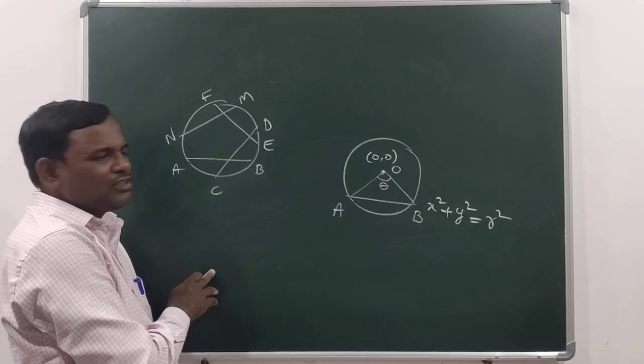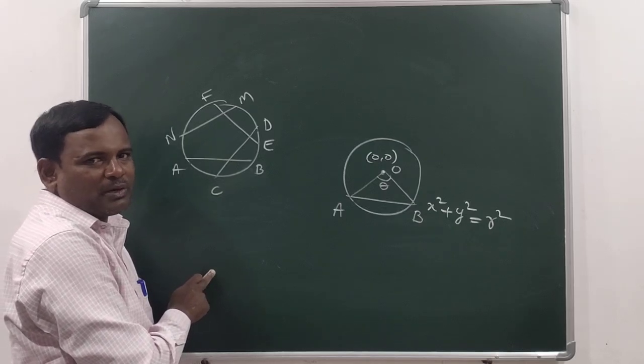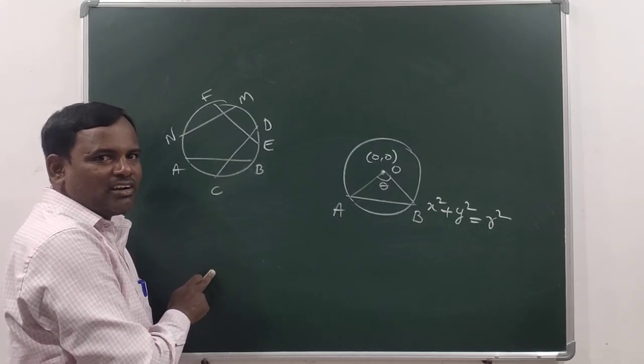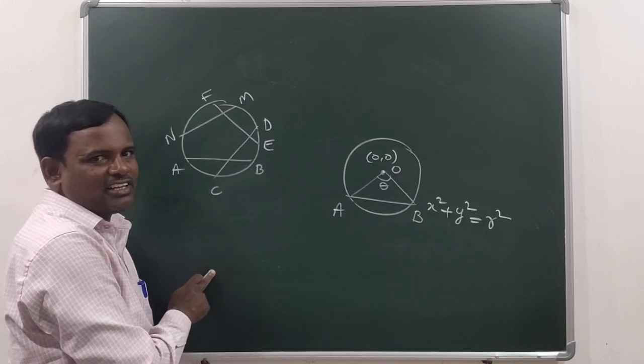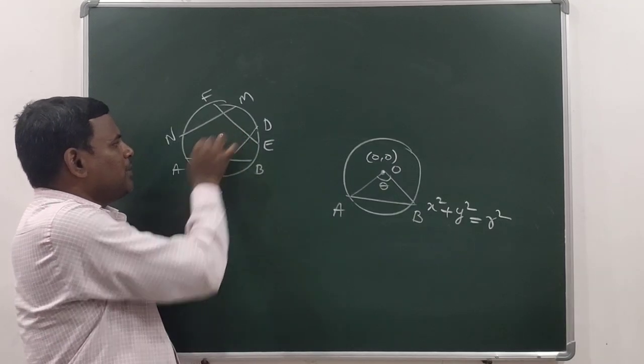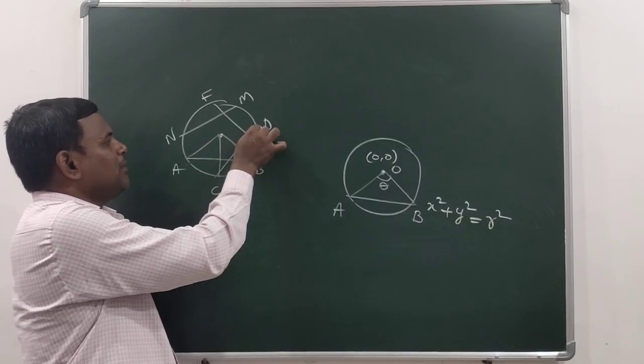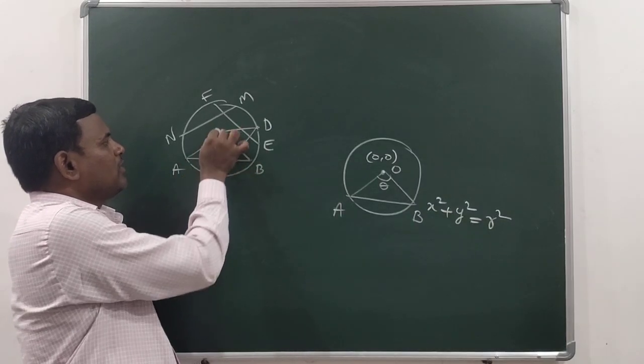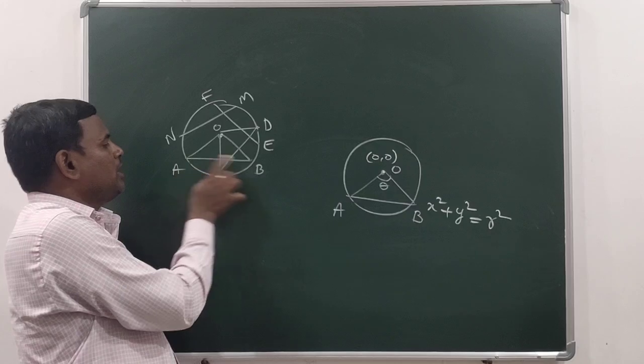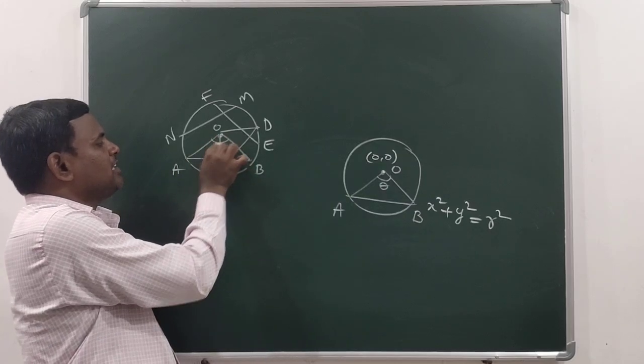Am I right? So you read one property in circles: equal chords make equal angles at the center. So by that property, all these chords will make the same angle at the center. This is O. Now, AB is making a certain angle theta at the center.